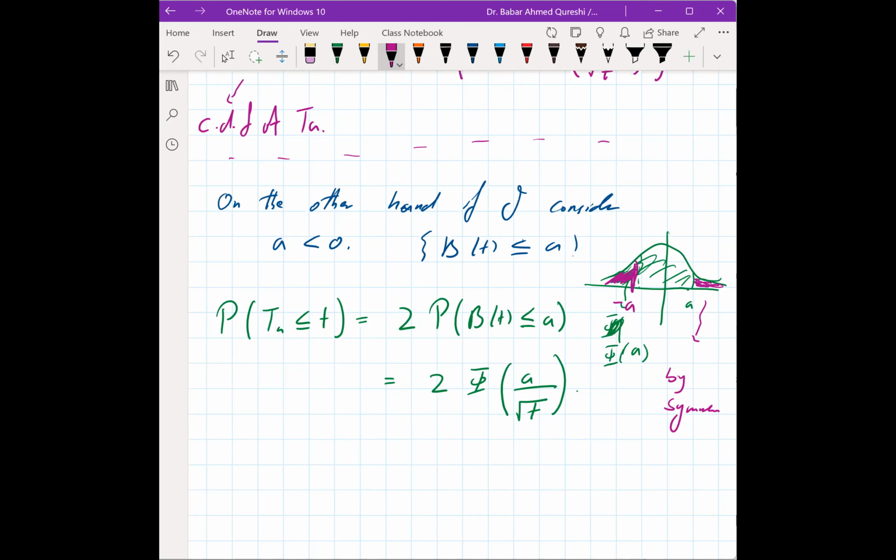So that means this thing is equal to 1 minus phi of minus A over root t. Since this area is same as this area, this phi is equal to 1 minus this phi.